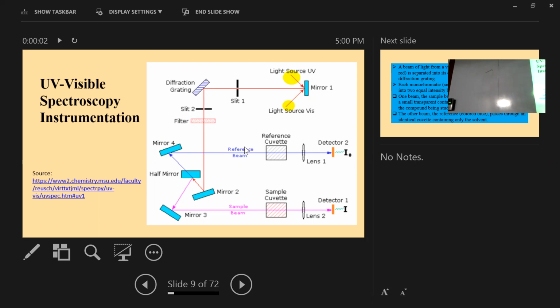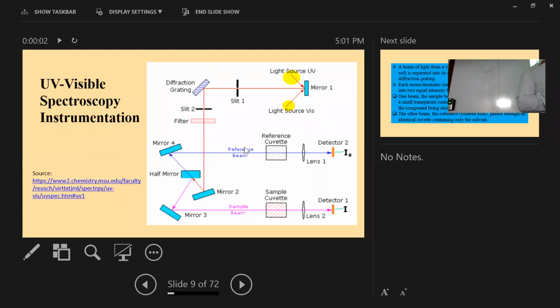Here also, if we do not have any sample, then we will get the same amount of light here and also here. So if we have one situation with a 5 millimeter cell, that means a small amount of sample, and another cell with 10 millimeter, in that case we have more sample.